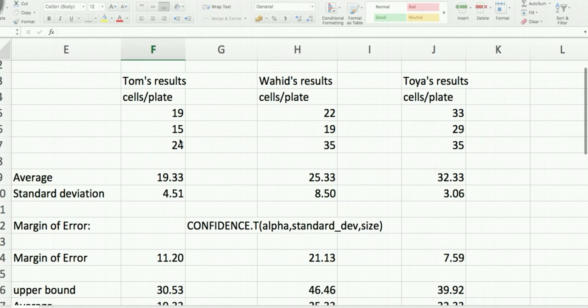So confidence interval is a very powerful tool that tells us not exactly what the population mean is, but it gives us a range in which we can be fairly confident that the true population mean lies, when we do this experiment a million, zillion, gazillion times.